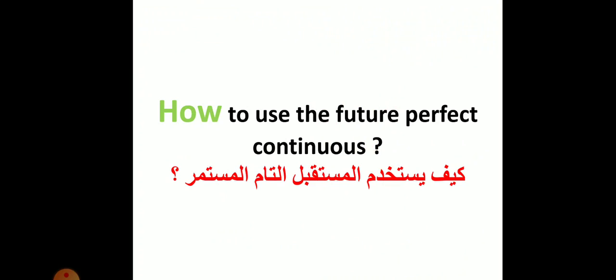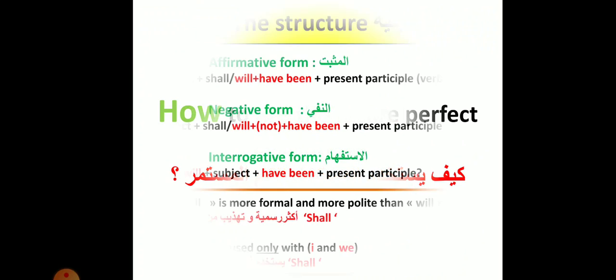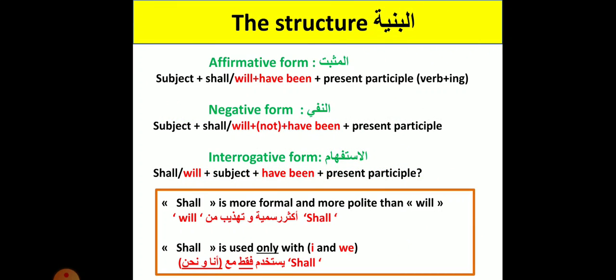So how to use the future perfect continuous? Here we have the structure. We have three forms: affirmative, negative, and interrogative form. For the affirmative form, the structure is subject plus shall or will plus have been plus present participle, which is verb plus ing.